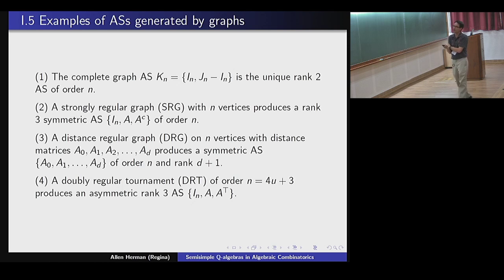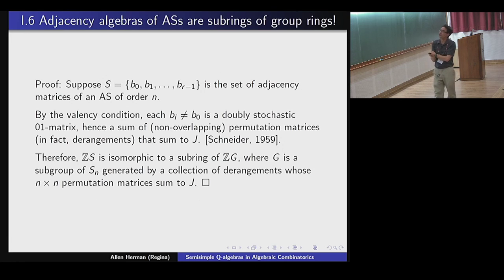Okay, doubly regular tournaments are the case where you have an asymmetric A and A transpose pair whose sum is J minus I. Those only exist when n is 4u plus 3 for some non-negative u. But all these are cases of association schemes. They give us algebras.